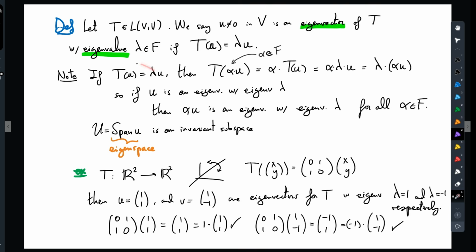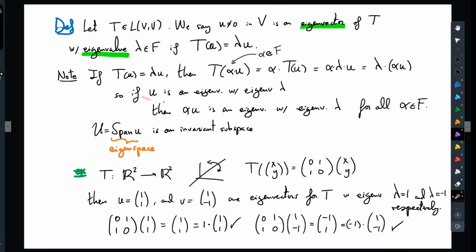T of u, by definition, is lambda u. And now by the commutativity in F, this is lambda times alpha u. So this means that T of alpha u is lambda times alpha u.